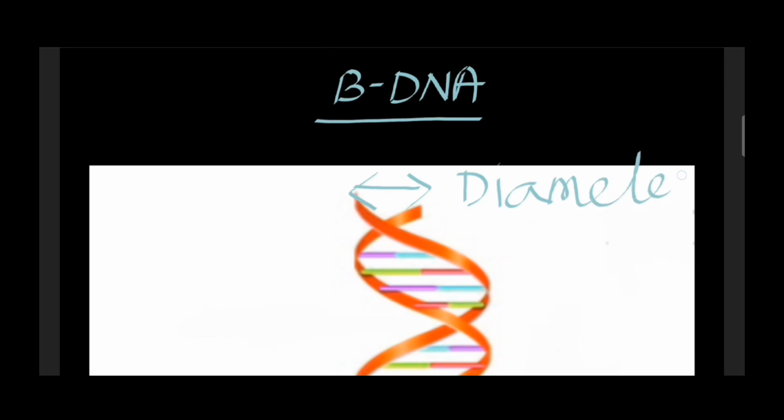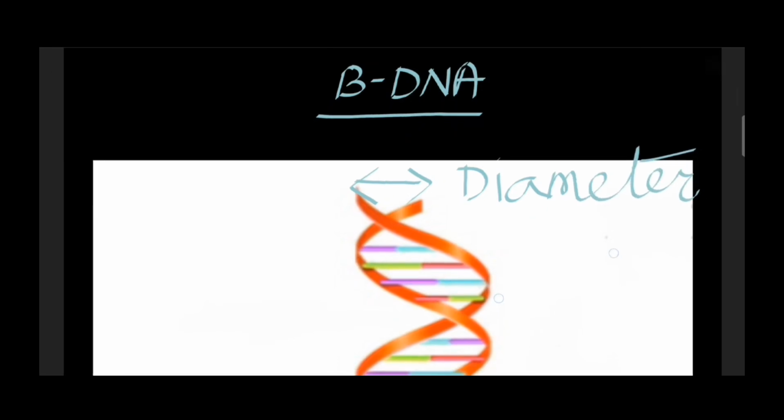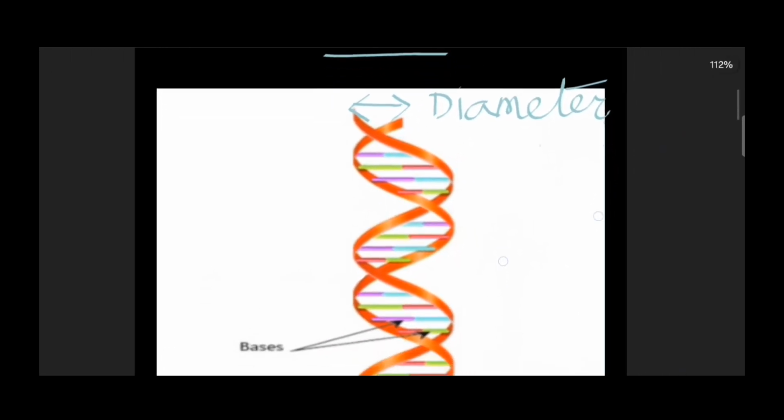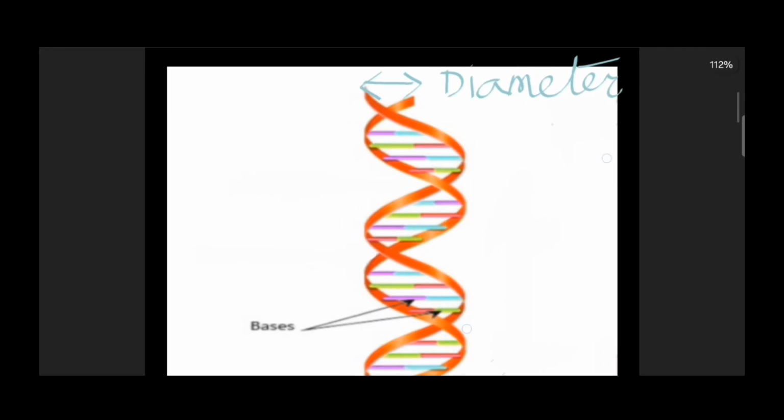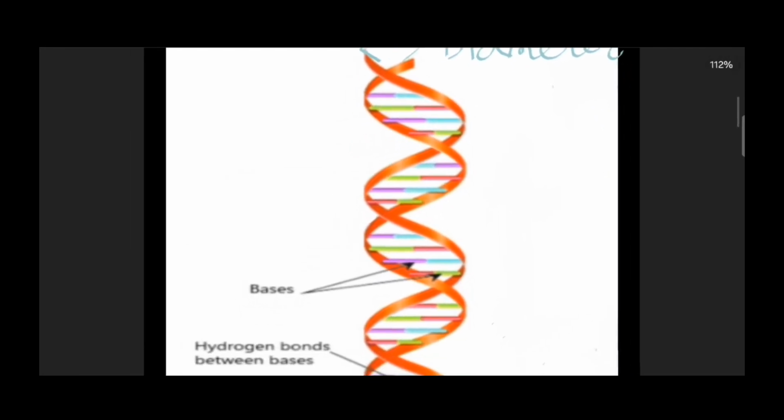Right? This is the diameter of the DNA. Now let us go into other details. When we see these things, there is like a dent which is present. There is a larger, very wide dent, and then there is a narrow dent, right? So these dents are actually known as grooves.